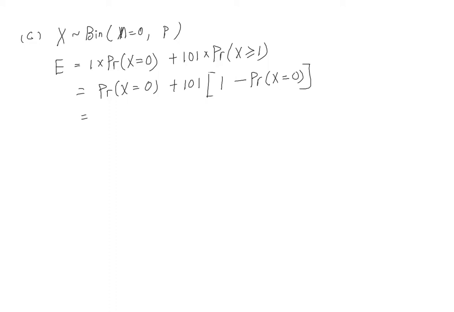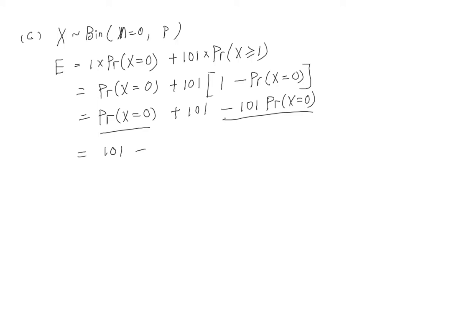So this will be probability of x equal to 0. I expand it, plus 101, take away 101 times probability of x equal to 0. So this one minus this one, I got 101 take away 100 times probability of x equal to 0.